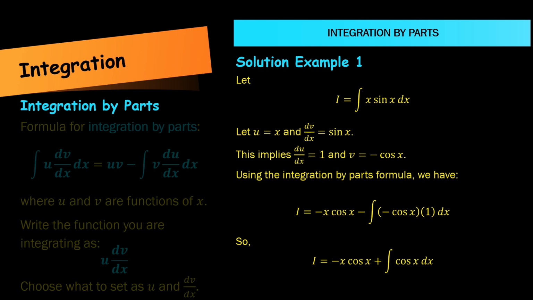So let's tidy up. We have that our integral is equal to minus x cos x plus the integral of cos x dx. And so we have that our integral is equal to minus x cos x plus the integral of cos x, which is sin x.